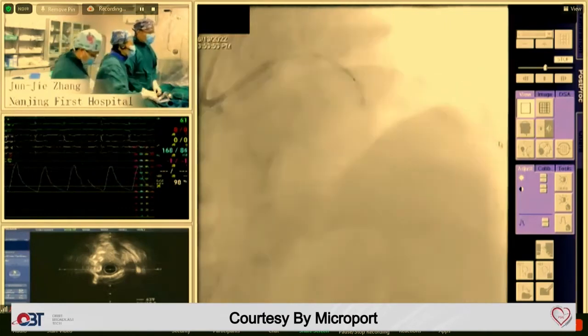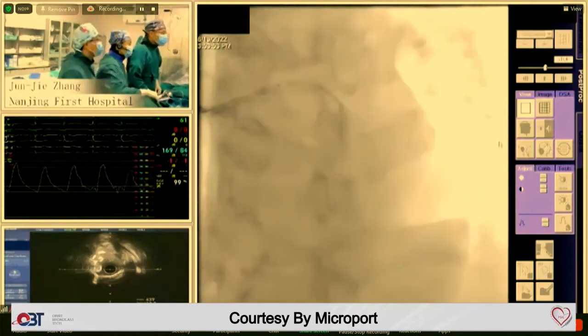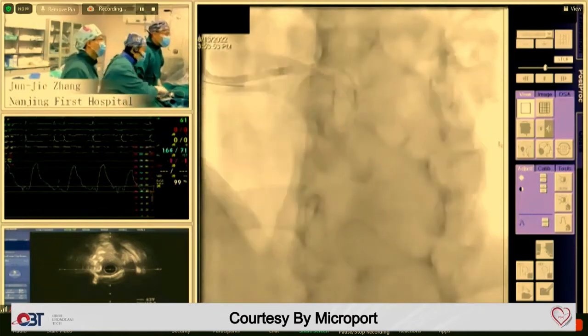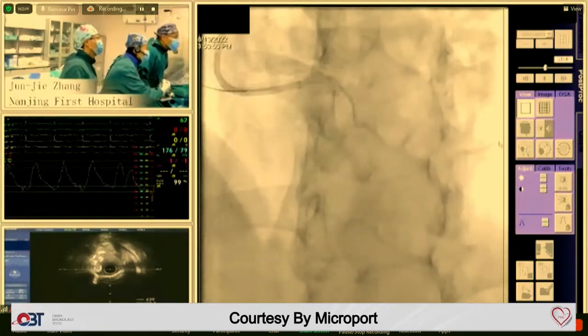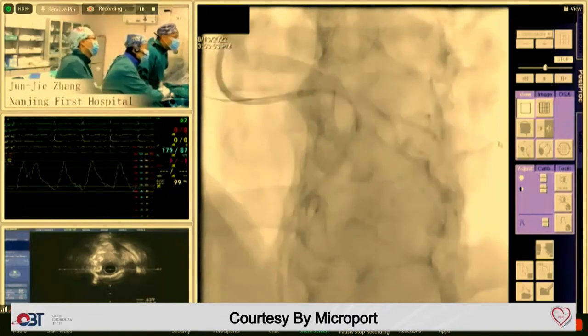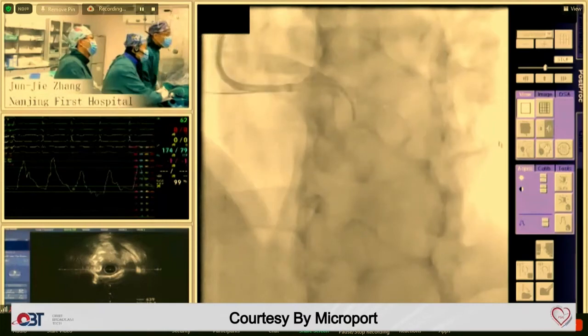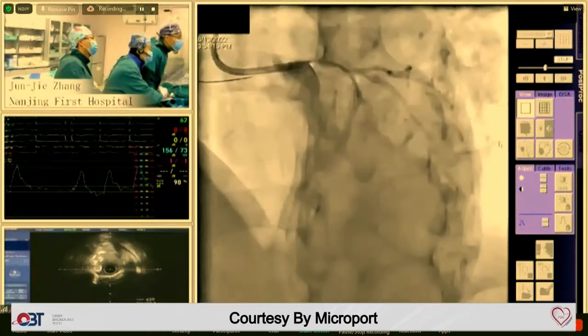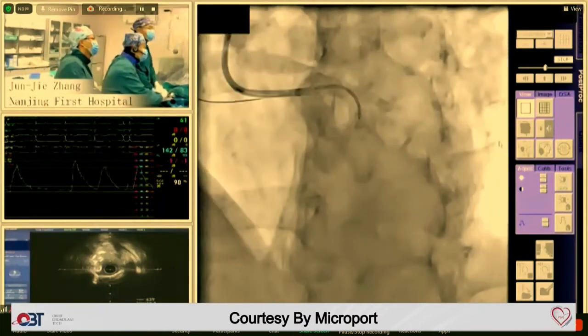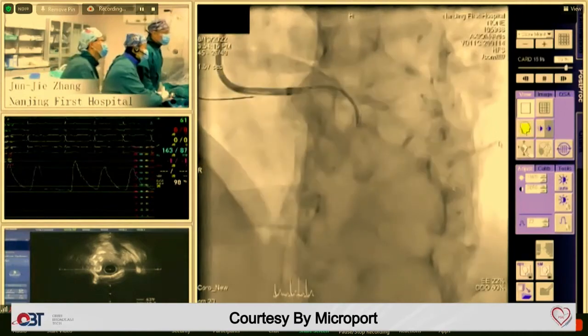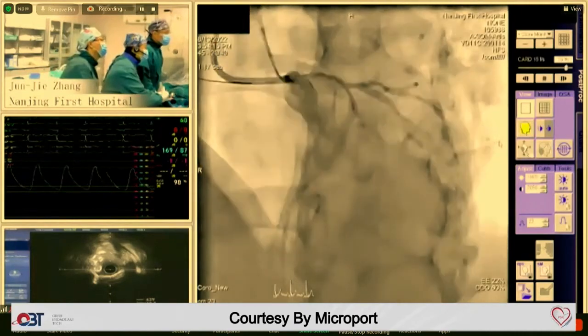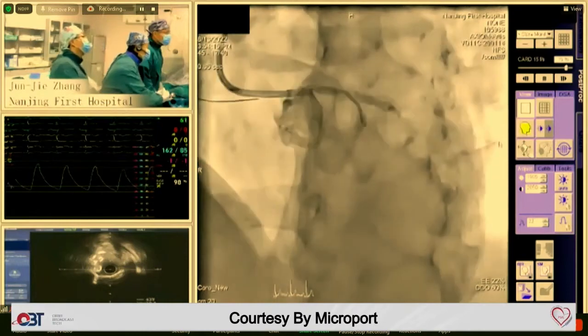So I would like to fully cover the ostial left main, Prof. For any stent covering the ostial left main, avoiding longitudinal compromise is very important. You are using an EBU 3.5 guiding catheter, it will be a little bit tough because we need to.